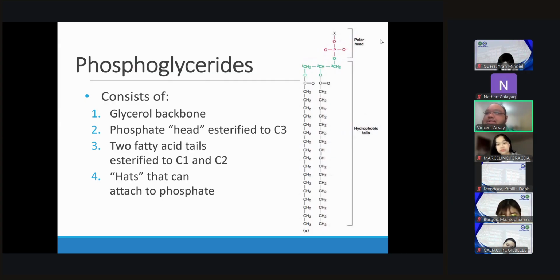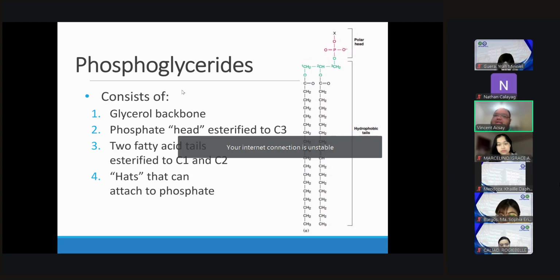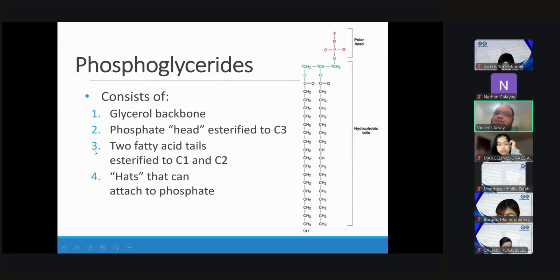What you can see here is the base form of the phosphoglyceride. There can be hats, quote unquote. I call them hats because they attach to the phosphate head.